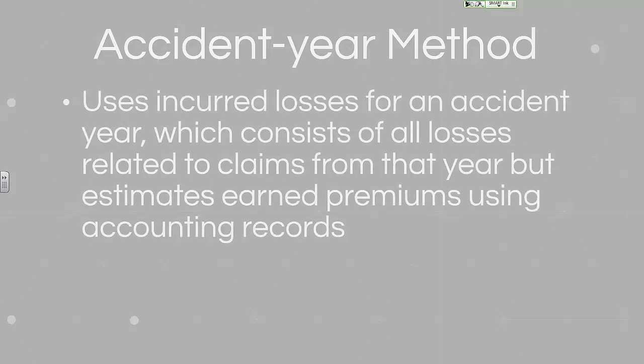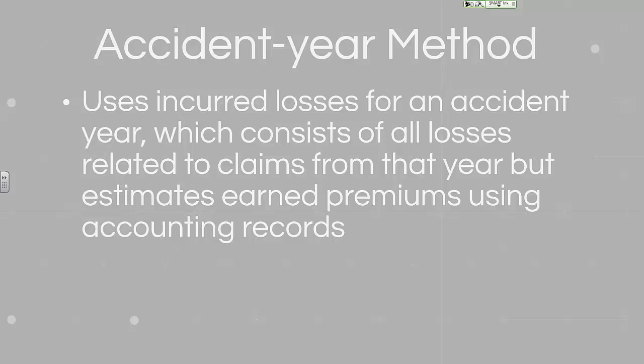Now let's turn to the accident year method. The accident year method uses incurred losses for an accident year, which consists of all losses related to claims from that year, but estimates earned premium using accounting records like we did in the calendar year example.